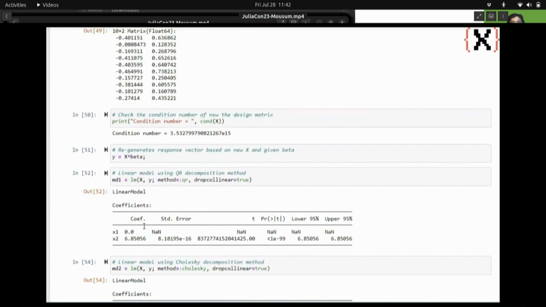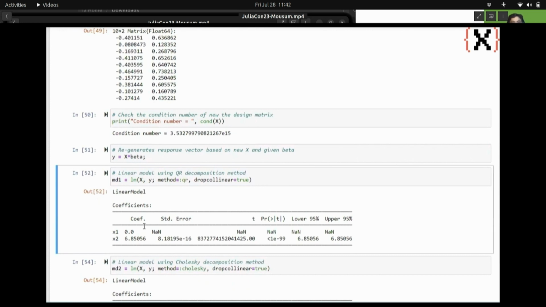So what we have observed in these empirical examples is that when the condition number is less than or equal to 10 to the power 5, then QR decomposition and Cholesky decomposition both give almost perfect results.